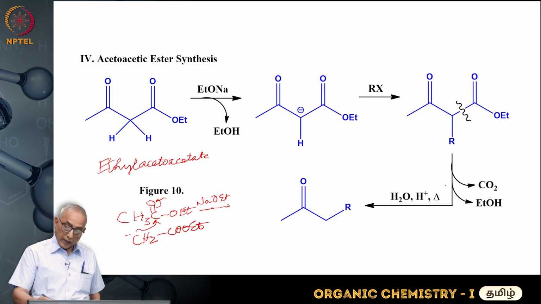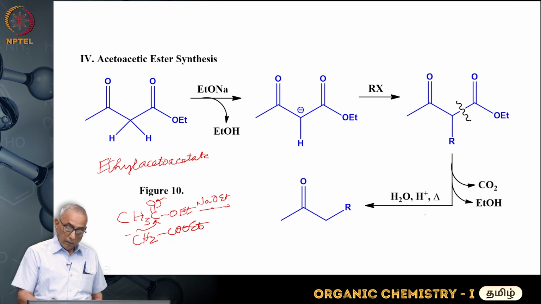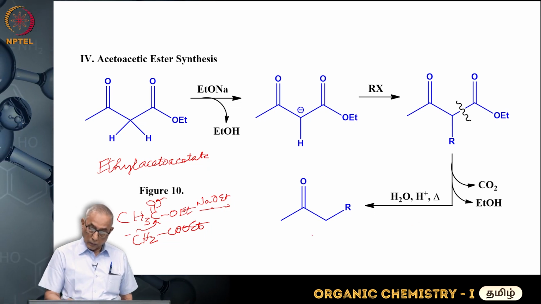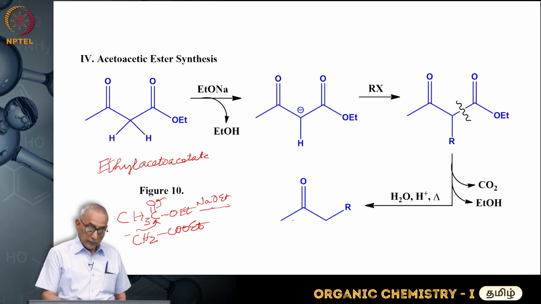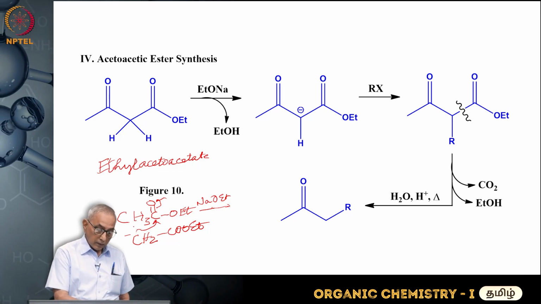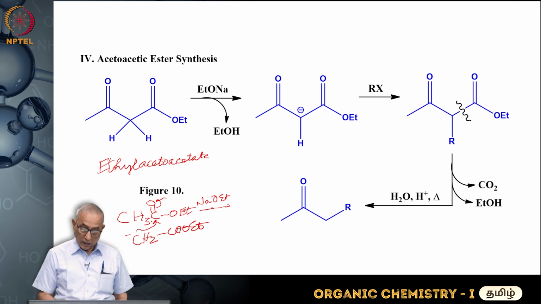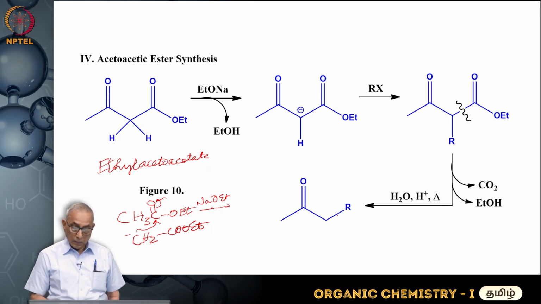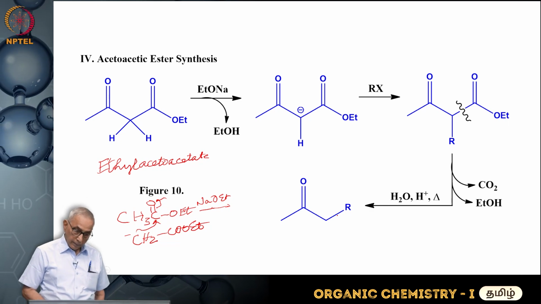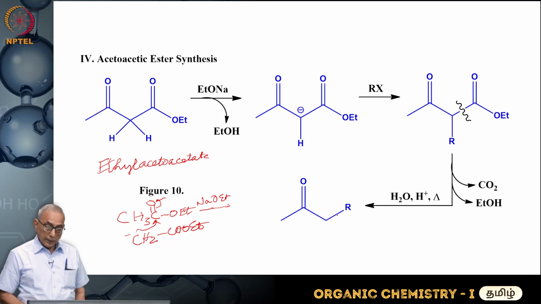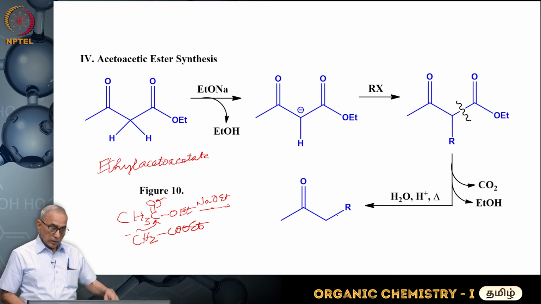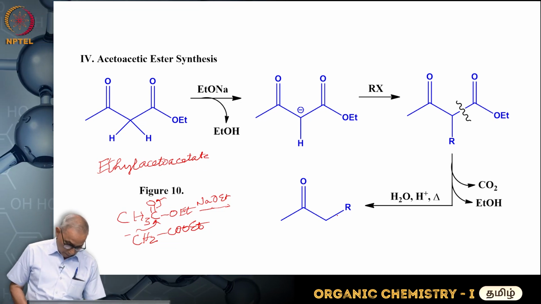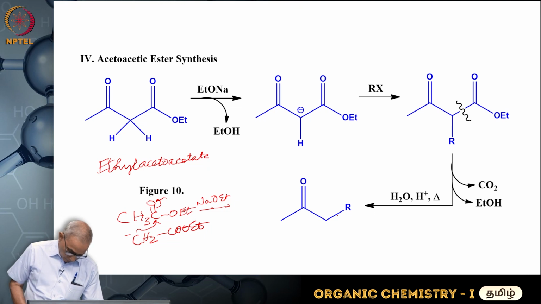And then if you take that compound with acid, you will get this ketone. You started with a 2 carbon acetate and you get a 1, 2, 3, 4 carbon ketone. So, this is the preparation of ketone using the acetoacetic ester. It is a very important method of producing substituted ketones.